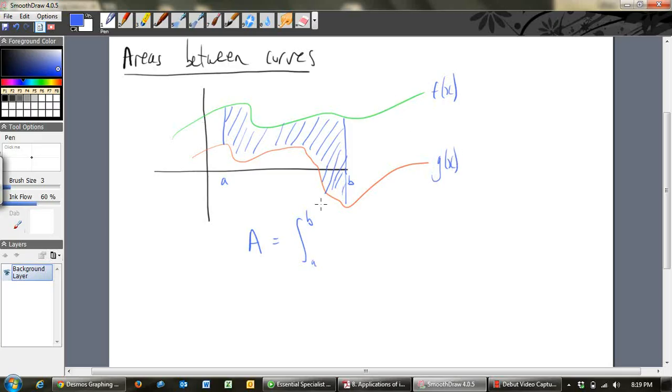That's important, we need to know which one's the top one and which one's the bottom one. That's equal to f of x minus g of x dx.